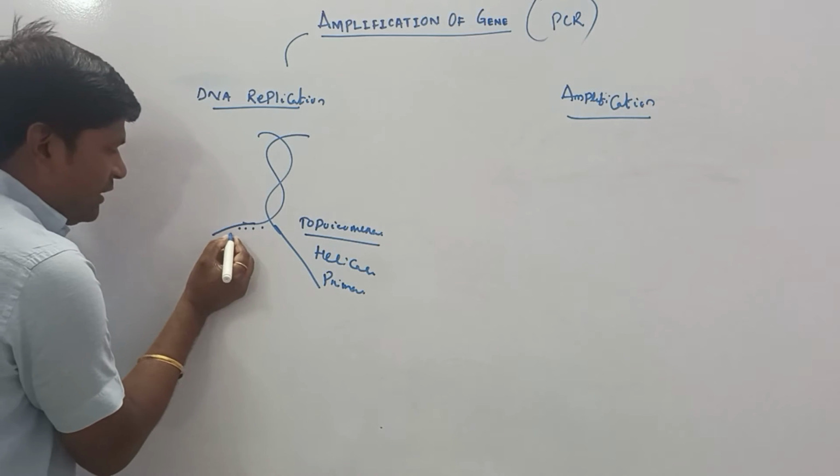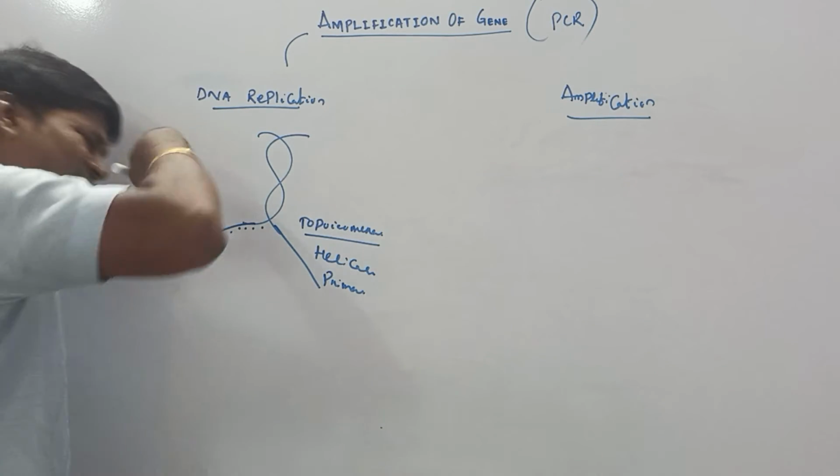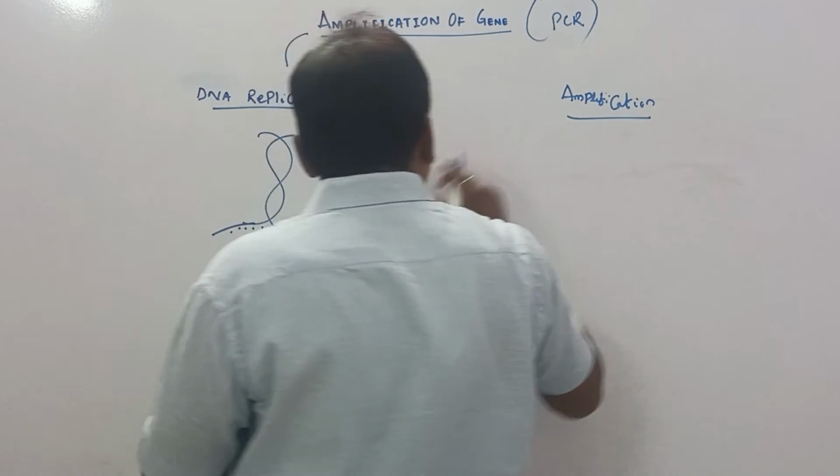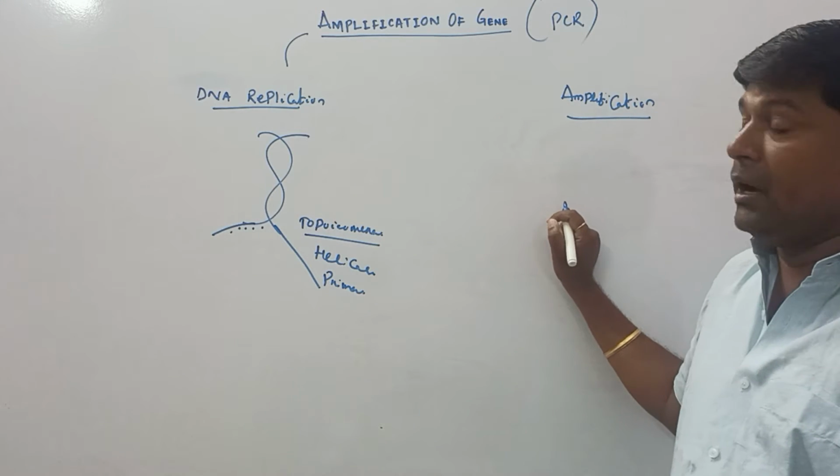The primer helps to separate the strands, along with topoisomerase and helicase. Then, after the addition of the primer, comes the addition of the polymerase. The similar process will be there in amplification.